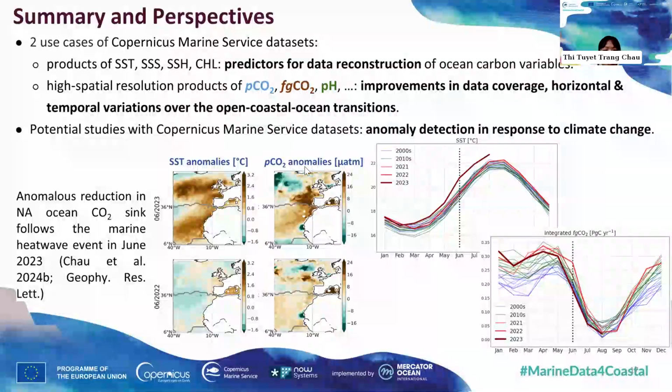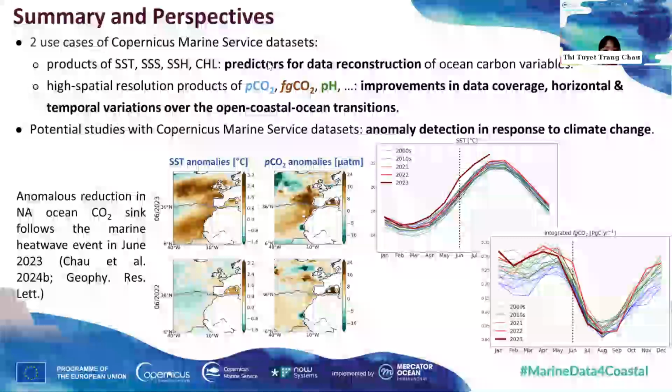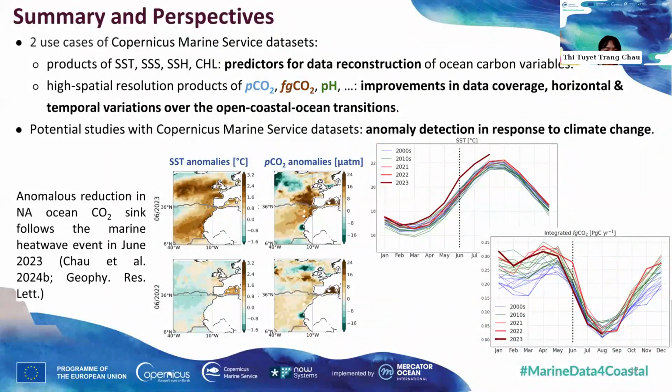In summary, this presentation gives us an overview of two cases of using Copernicus Marine products. First, using them as predictors for the reconstruction of new variables. Here we use temperature, salinity, and chlorophyll A to estimate marine carbon variables.